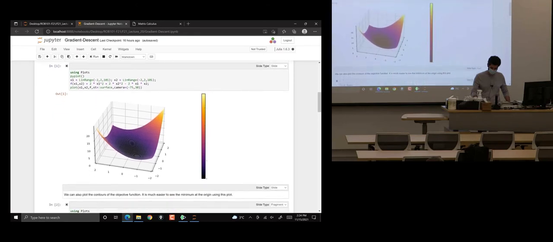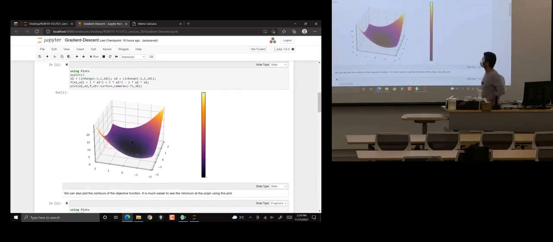If I visualize this function in Julia, is this function convex or not? It is, right? It's a quadratic function. Quadratic functions are convex.